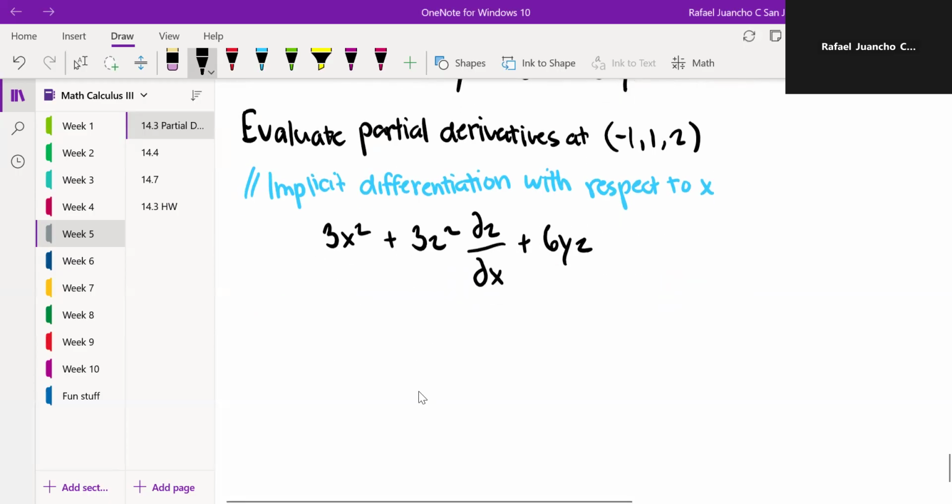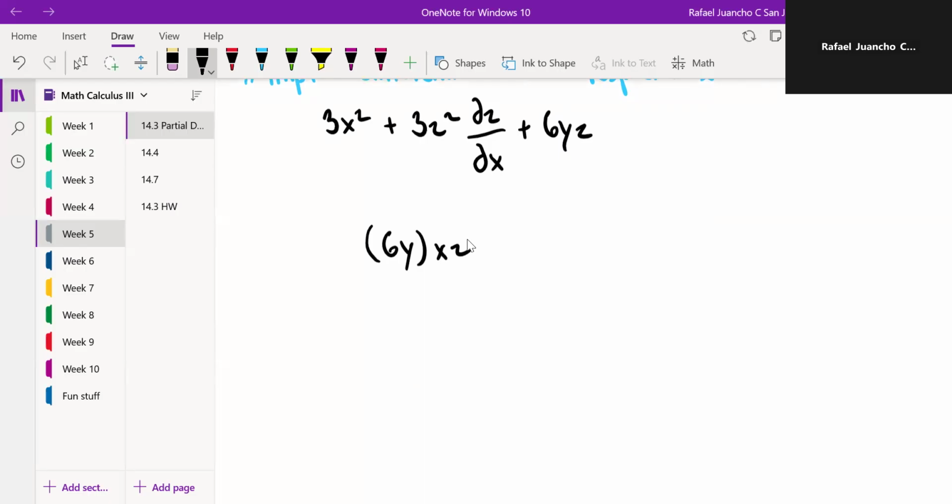Actually, let me do this. 6xyz. What's confusing about this is that here we treat 6y as numbers. x and z are functions, or z is a function, x is a variable. And so what happens here? Well, here we treat them like so. So let's do a product rule. Then I add, here, what does this become?